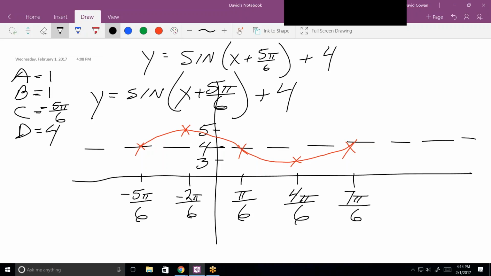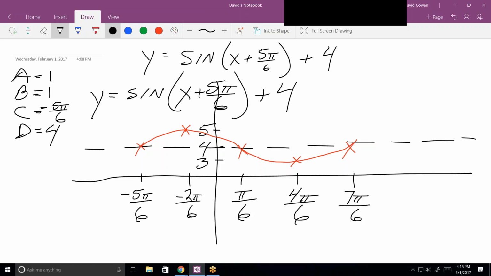So you're going to need to be able to go both ways. If they show you the function, you can draw the curve, and if they show you the curve, you can come up with the function. The key things about coming up with the function really are this A and D. Just remember that you get A from the maximum minus the minimum divided by 2, and you get D from the maximum plus the minimum divided by 2.